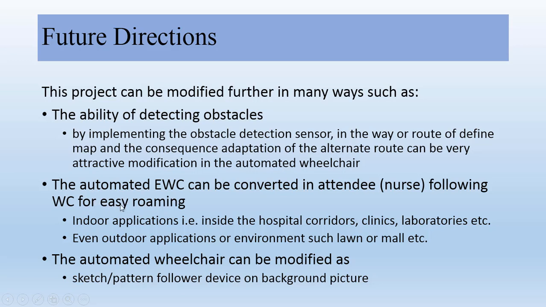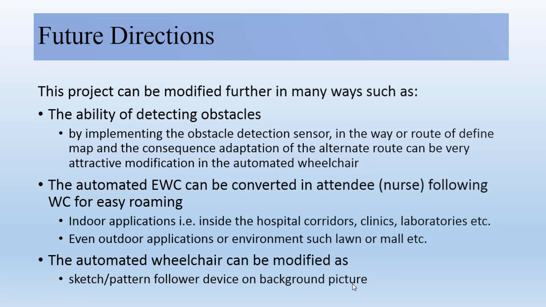This modification is beneficial for indoor applications such as inside the hospital corridors, clinics, laboratories, etc. Even these modifications can be beneficial in outdoor applications as well, such as lawn, mall, the working place like offices, etc. This automated wheelchair can be further modified as a sketch or pattern follower device, which take decisions on the basis of background picture.